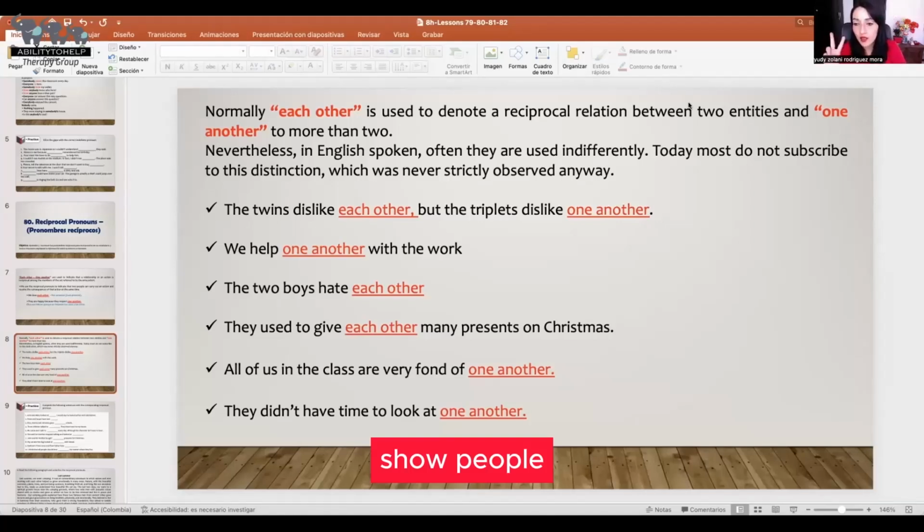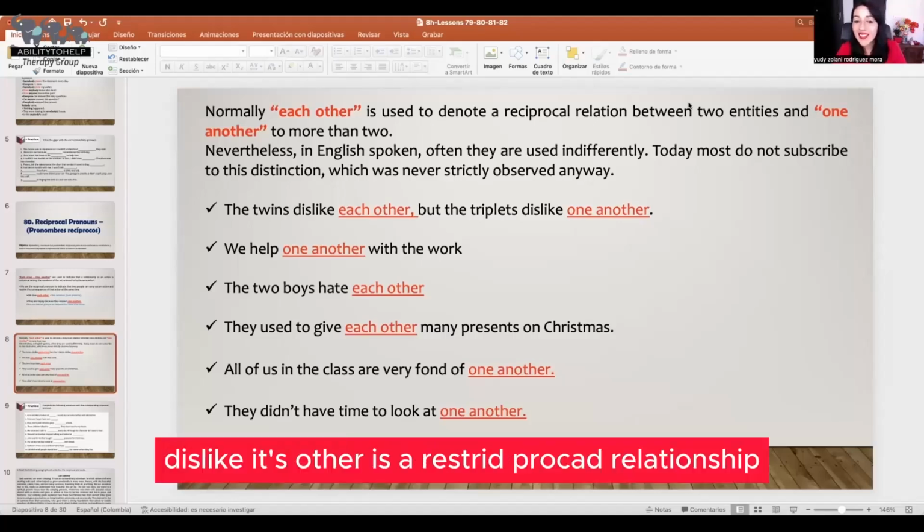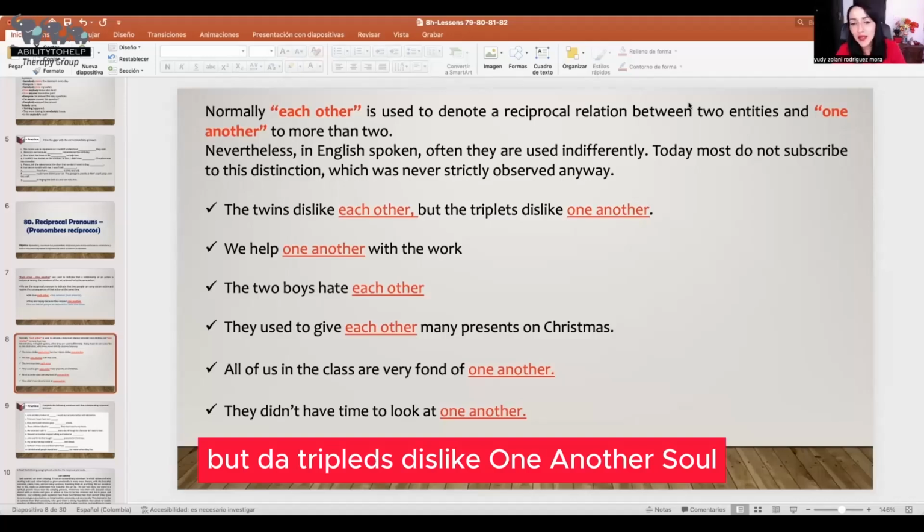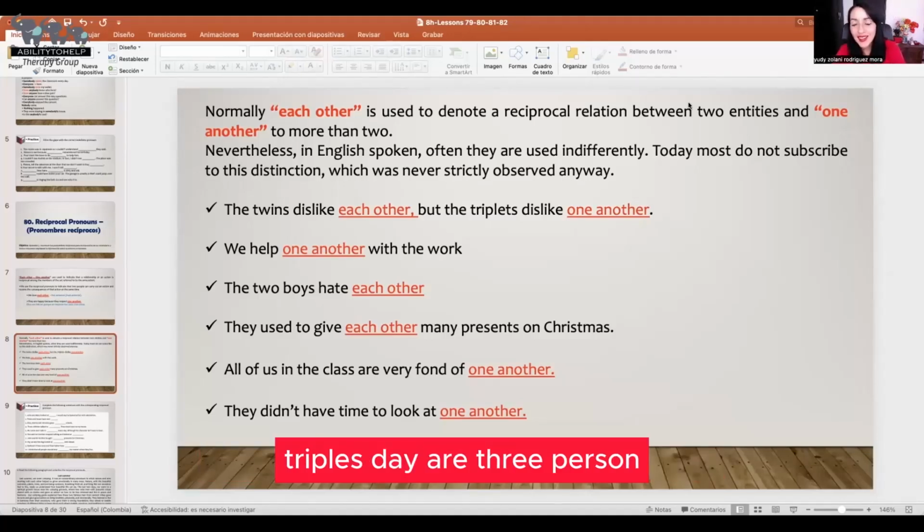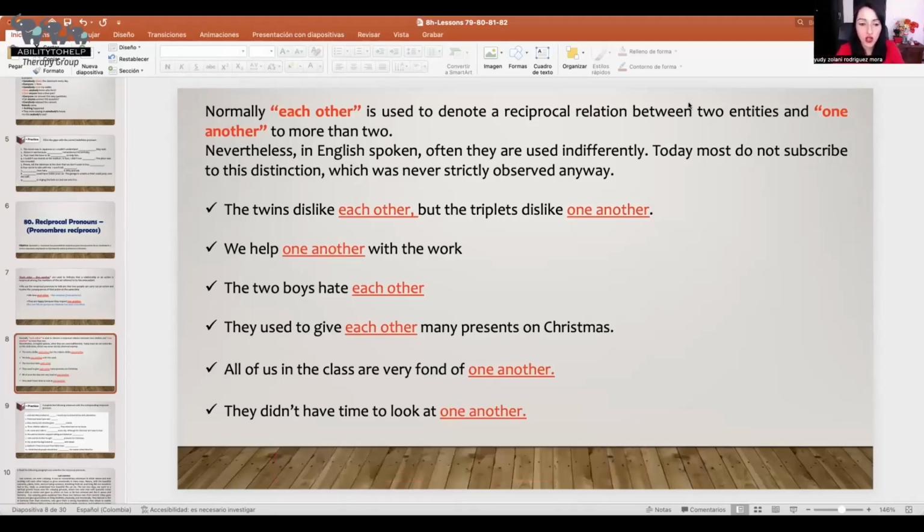So the twins dislike each other. It's a reciprocal relationship, but the triplets dislike one another. So triplets, they are three persons. So that's why it changes. We helped one another with the homework.